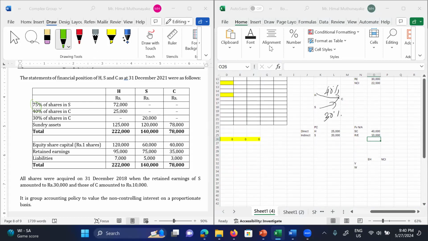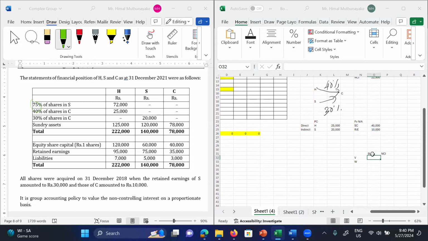Now I have completed that also. Then the group structure.